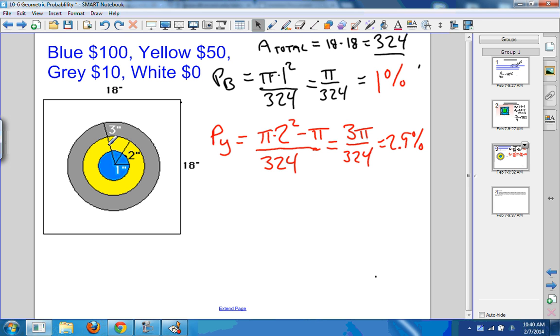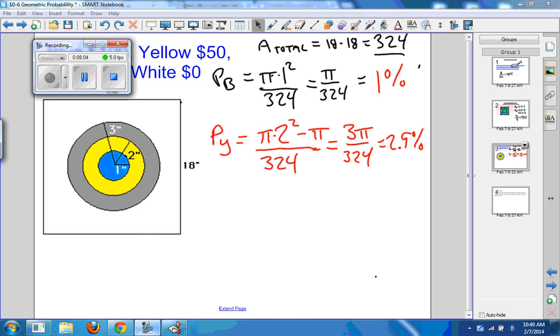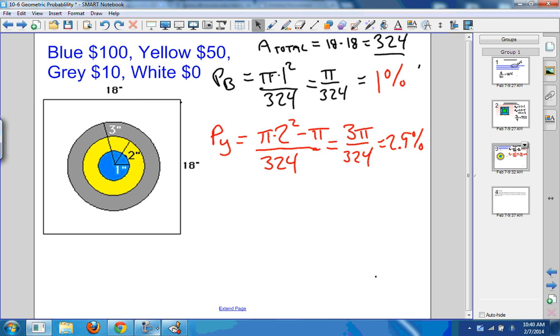All right, let's look at the gray. So the probability of the gray is going to equal the area of the gray, which is pi times 3 squared. It looks like it has a radius of 3 here. We're going to take that over the total 324.